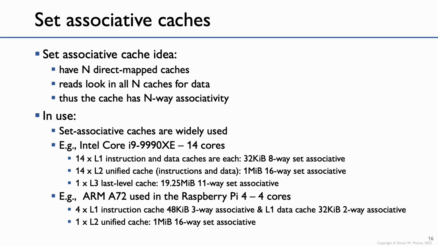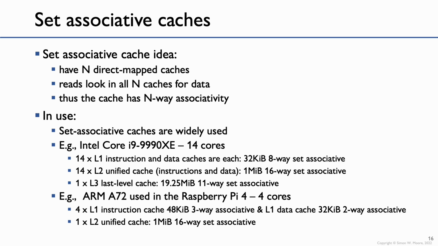It has 14 cores, and so there are 14 L1 instruction and data caches, and each of them is 32 kilobytes and 8-way set associative. Let's get this right: there are actually 28 L1 caches in total, because there are 14 instruction caches and 14 data caches.